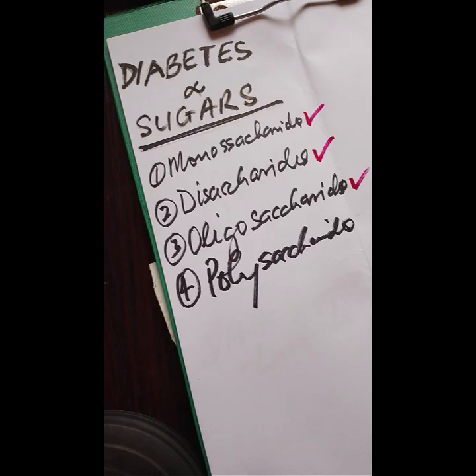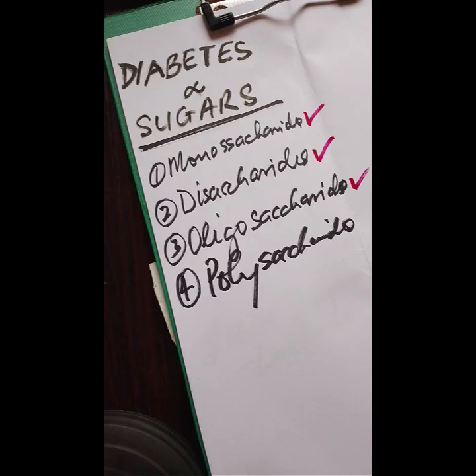So the next class is polysaccharides. An example is glycogen in humans. In plants, we have cellulose and starch. But in humans, glycogen is broken down to glucose. It is a storage form of glucose when the body doesn't need all the glucose that it's receiving from the intestines.